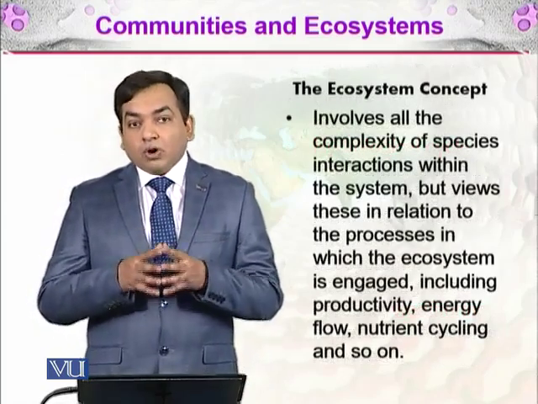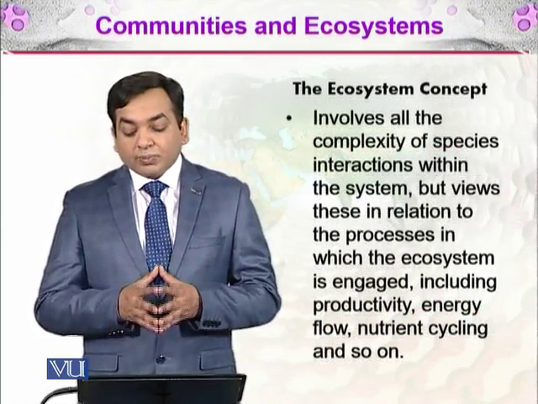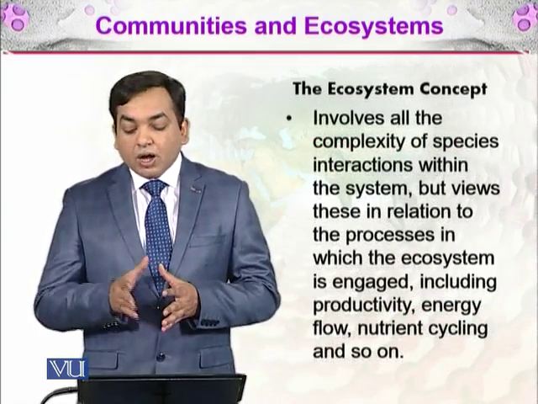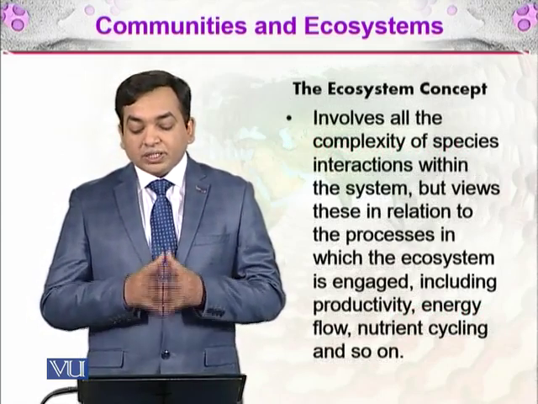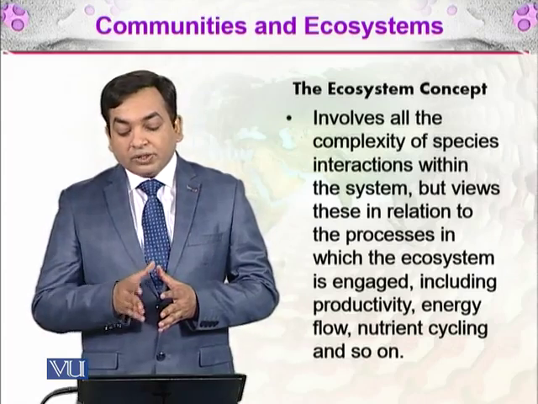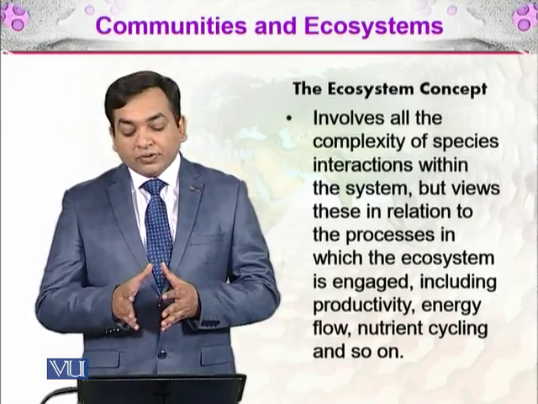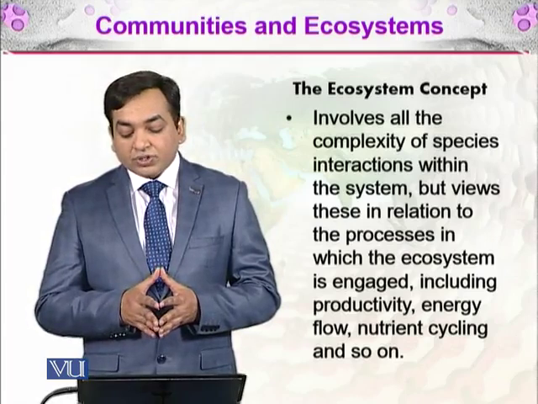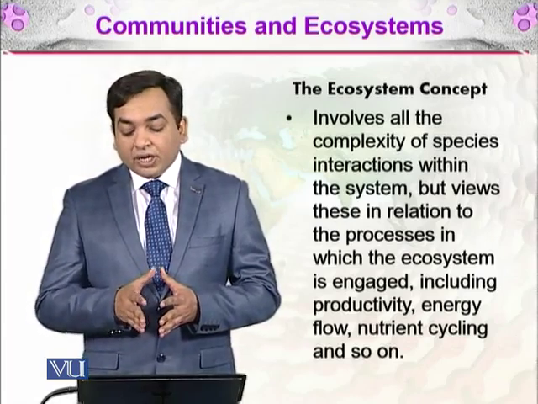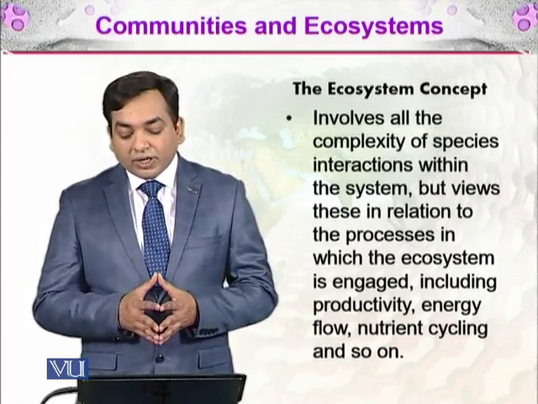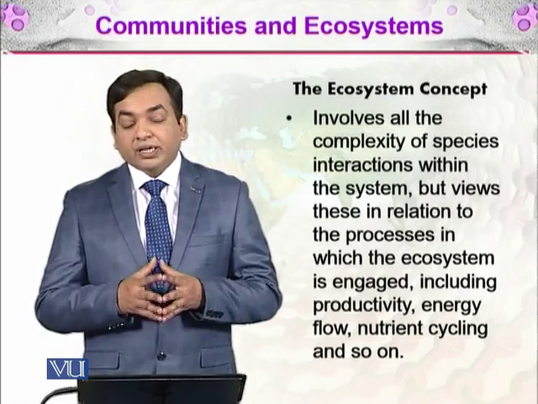So the whole concept of ecosystem involves all the complexity of species interaction within the system, but we use these in relation to the processes in which the ecosystem is engaged, including productivity, energy flow, nutrient cycling, and so on.